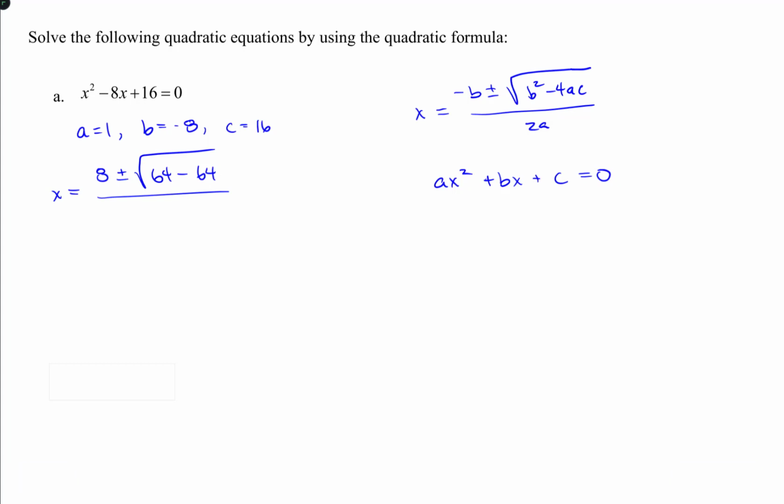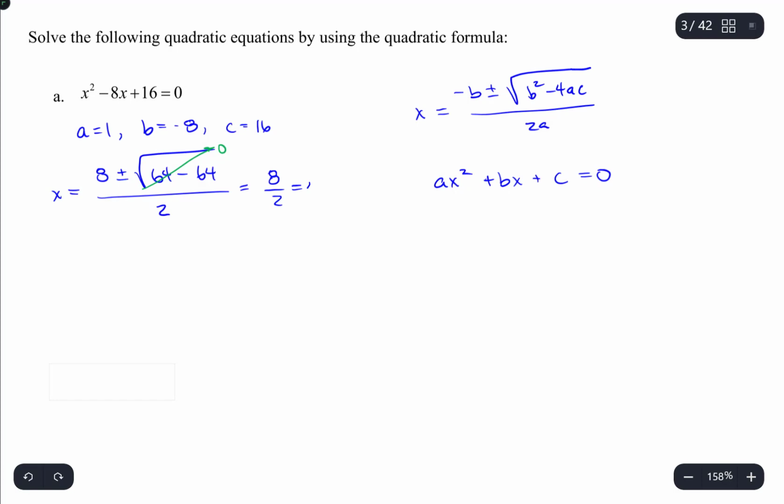Then all over 2 times a, and a is 1, so that's just all over 2. All right, so 64 minus 64 is 0, so this whole square root just becomes 0. So it's really just 8 over 2, which is 4. So it turns out there's only a single solution here, which is the value positive 4.